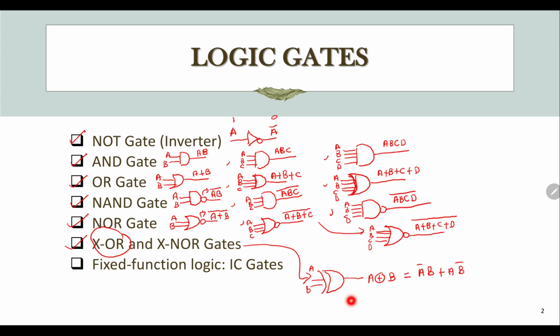That is for XOR. For XNOR, it just looks like XOR, like that, A, B, but it has a bubble after that. So it performs the operation of A ⊙ B. This one has a bar because it has a bubble. So A ⊙ B becomes A bar B bar plus AB.